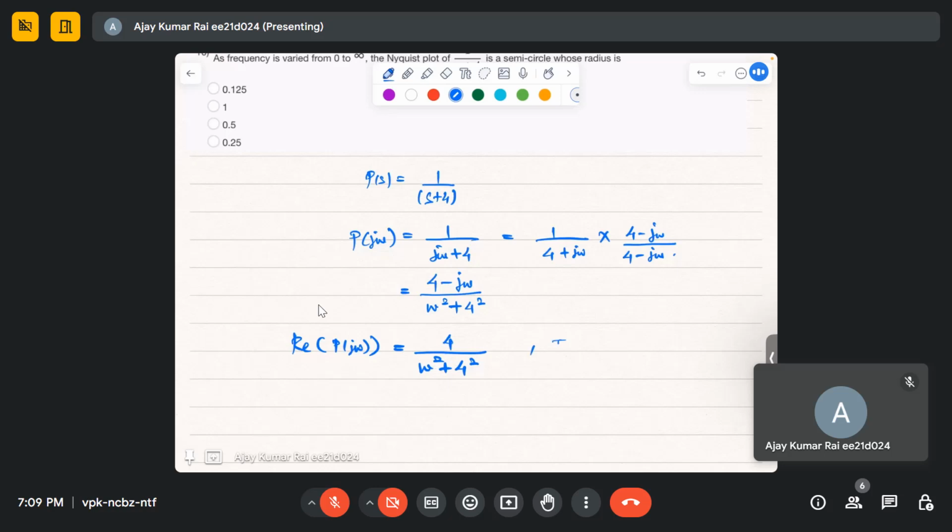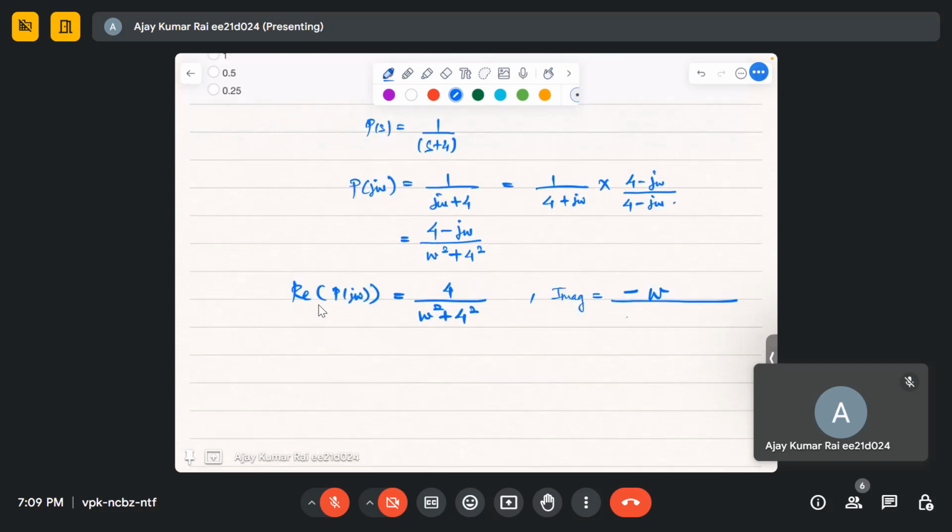Imaginary part is equal to minus omega by omega square plus 4 square; I'm not writing j. So real part is always positive, imaginary part is always negative because omega ranges from 0 to infinity. Which quadrant are we talking about when the real part is positive and the imaginary part is negative?